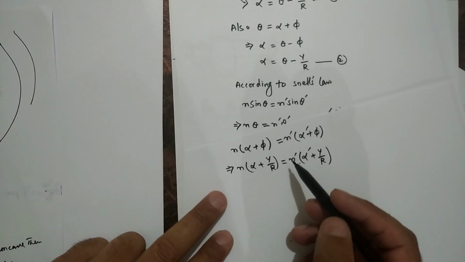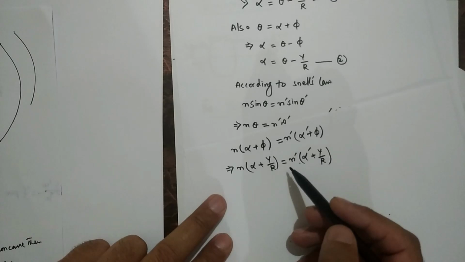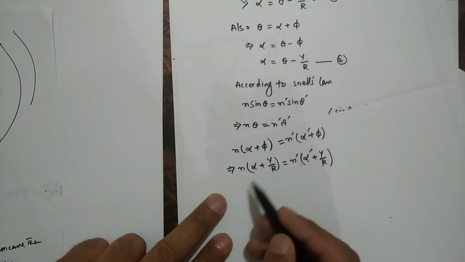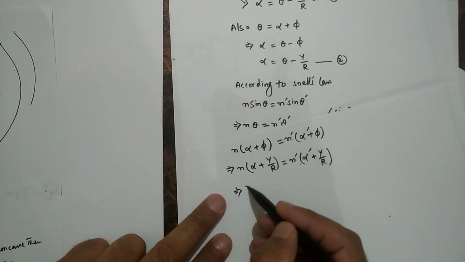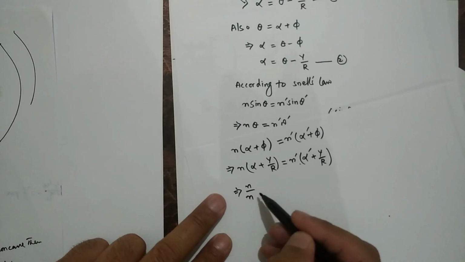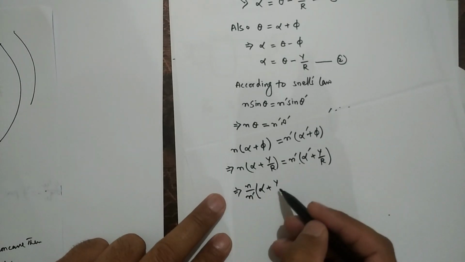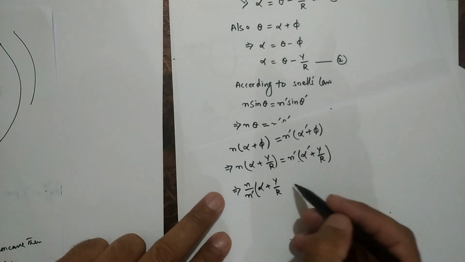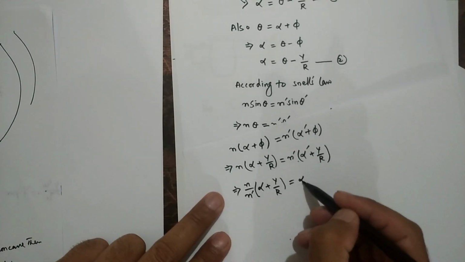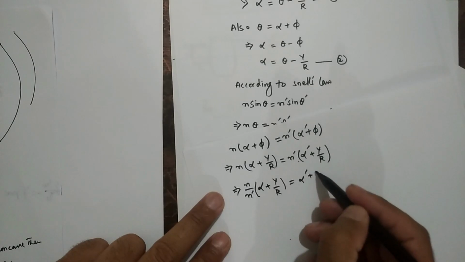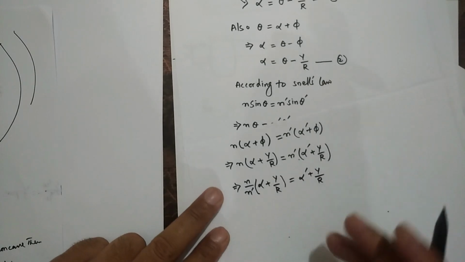So now bringing this n prime to the left side, this will be n upon n prime times alpha plus y upon r, which is equal to alpha prime plus y upon r.